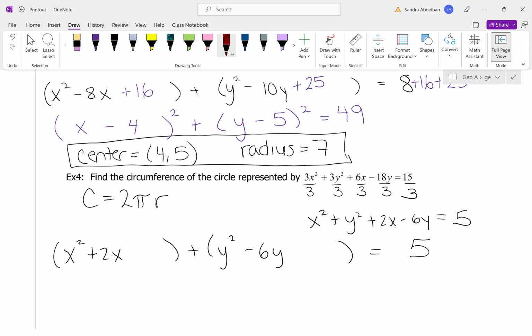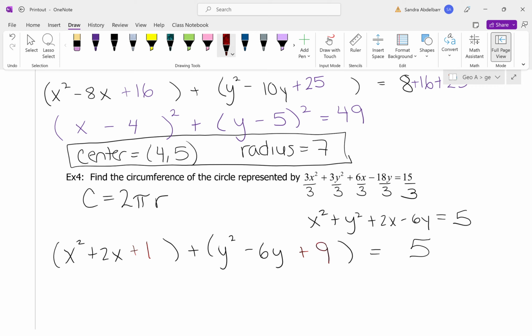x squared plus 2x plus 1, plus y squared minus 6y plus what? 3 squared, 9.